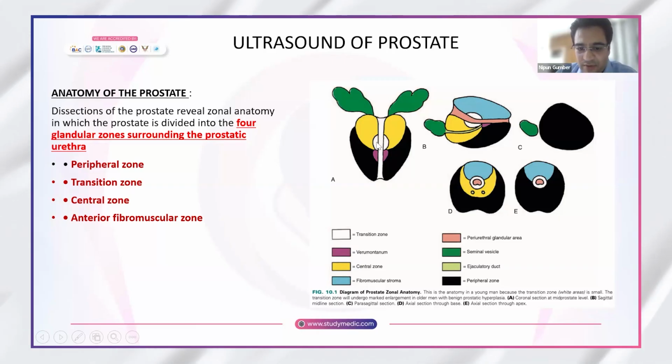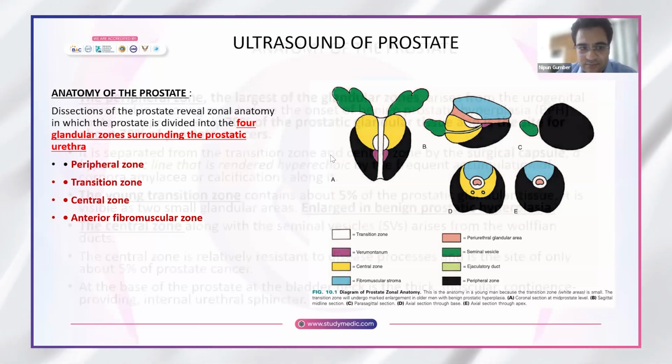So again, to revise, this is the transition zone, central zone, peripheral zone, and fibromuscular stroma, and as we all know, this is the urethra.